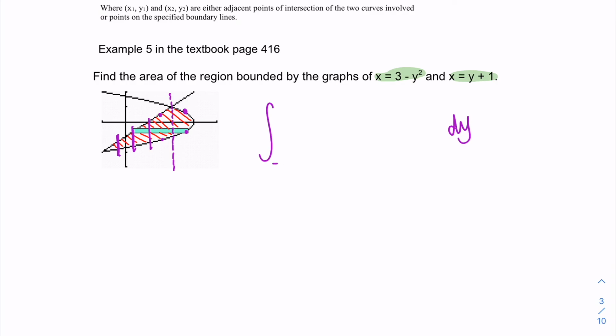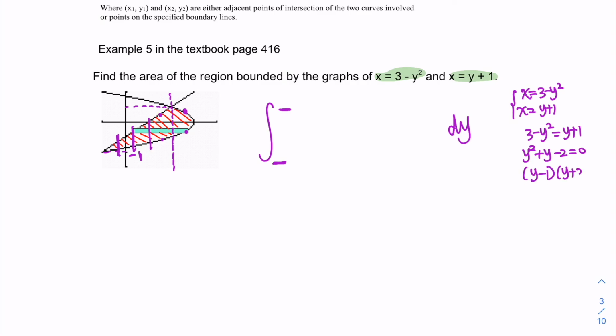Next, we have to find the boundaries. So with the same thing, we set x equals 3 minus y squared and x equals y plus 1. They are equal. We solve for y, so y squared plus y minus 2 equals 0. Y minus 1, y plus 2.